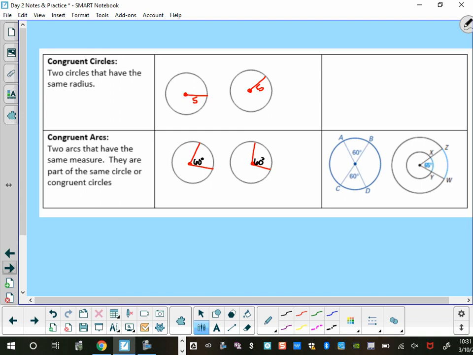If my central angle is 60 degrees, what's my arc? 60 degrees, they're the same. Those would be congruent arcs. Ignore those other two circles. I'm not going to talk about that right now.